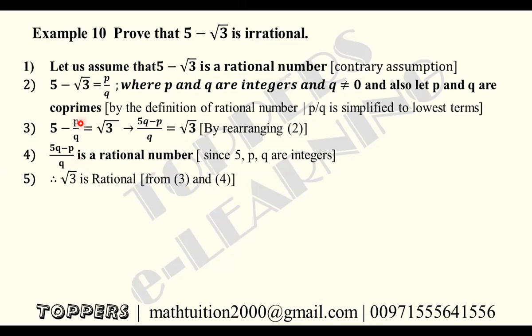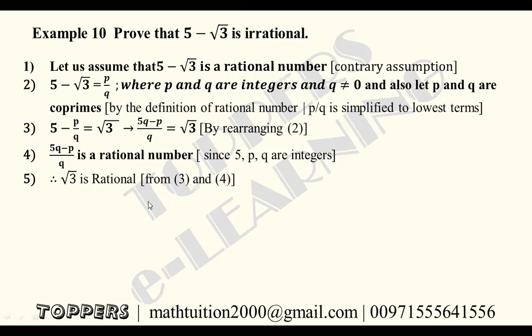This statement says that (5q minus p) by q equals root 3. Second statement, this LHS part is a rational number. So if the left hand side is a rational number, then the right hand side also has to be a rational number. Then only it will be equal, right? So root 3 is rational from 3 and 4.